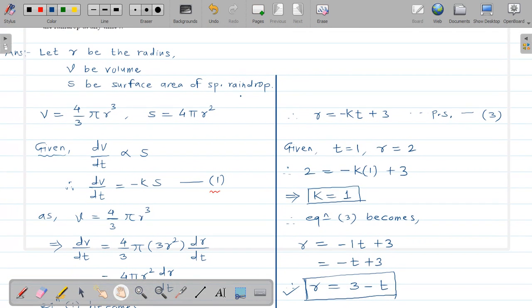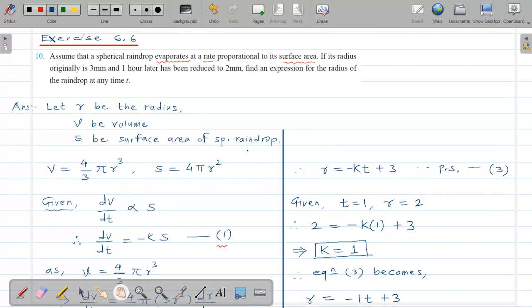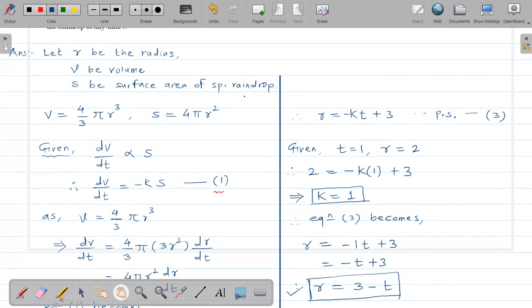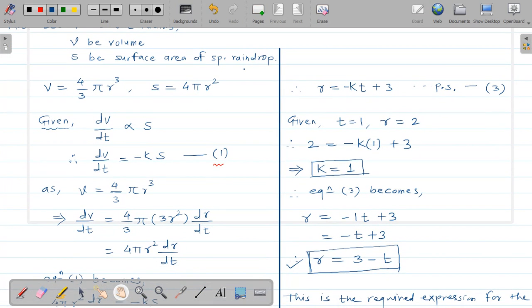But further, to solve this question, we require the relation between radius and time. So here it is given that originally the radius is 3 mm and 1 hour later it has been reduced to 2 mm. So here we get the first equation, in terms of v and s, that is dv by dt is equal to minus k into s.